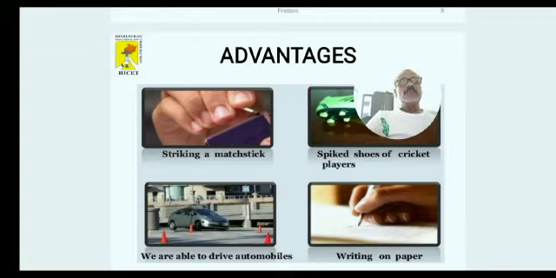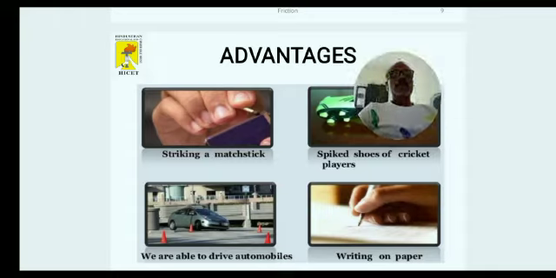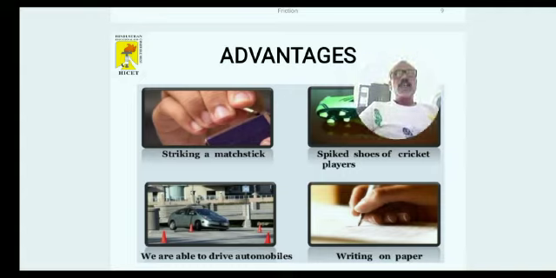The reason is that the ground surface is always rough, and it gives a normal reactive force in the opposite direction. So the frictional force resists the slipping of the cricket player's spiked shoes, and we can easily balance.